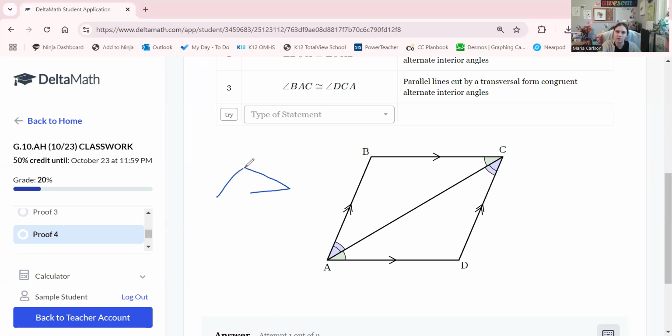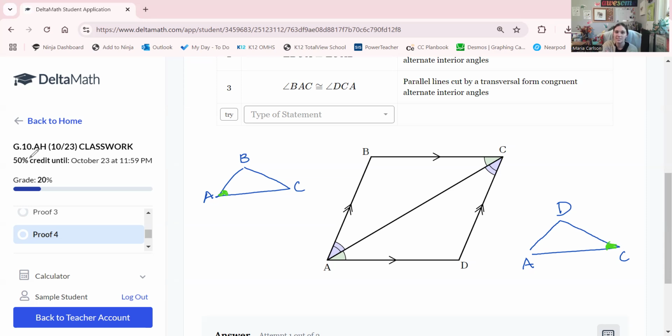I have triangle ABC and triangle... I'm going to flip it. AC is still the long side, and then we have D. Looking at the first triangle ABC, I know that A is congruent to C in the opposite triangle. So those two angles are congruent.